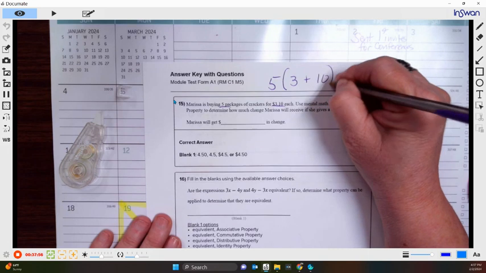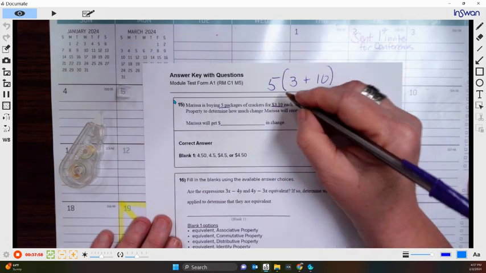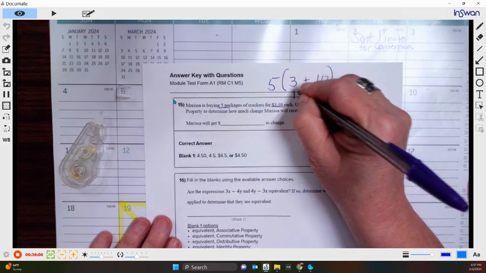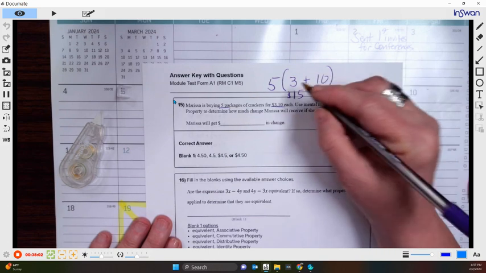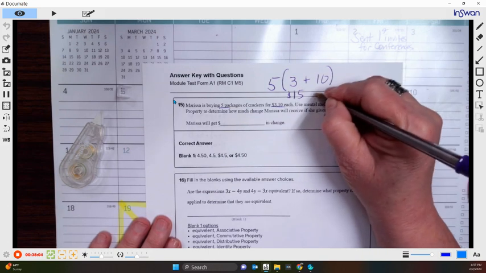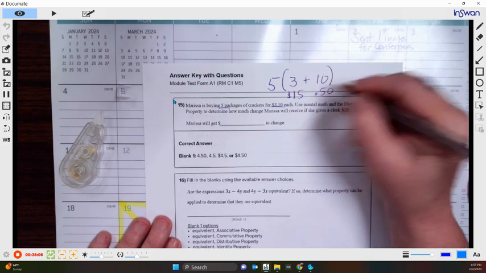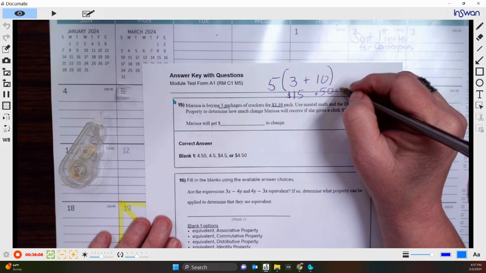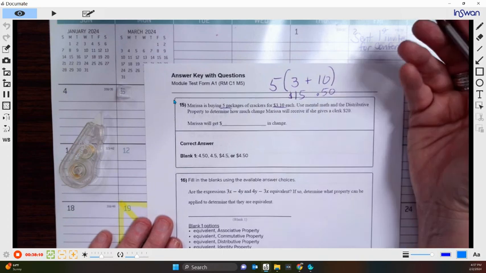That's my $3.10. So the 5 times 3 would be $15, and the 5 times 10 would be 50 cents. So the amount of money that she's spending is going to be $15.50.